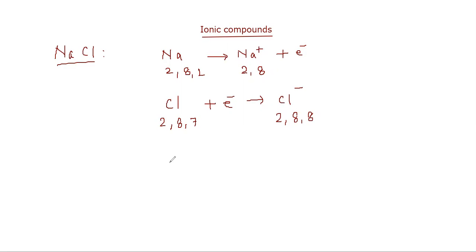So we can write Na and we can show the transfer of electron to Cl. Here this electron is being transferred to chlorine, and chlorine has already 7 electrons in its outermost shell.